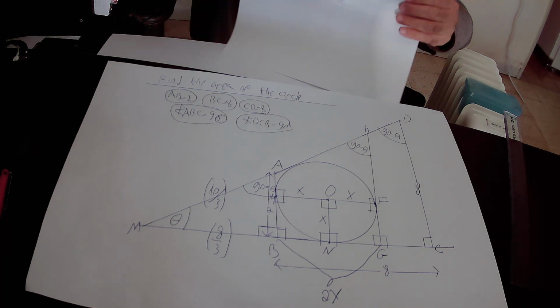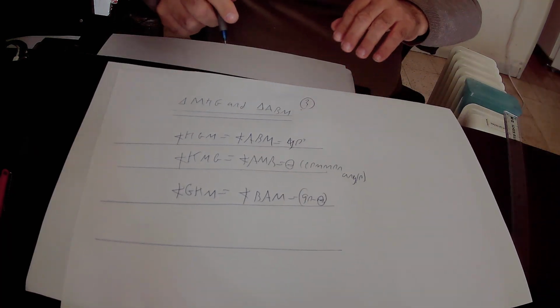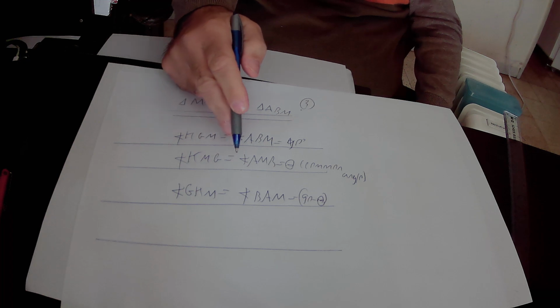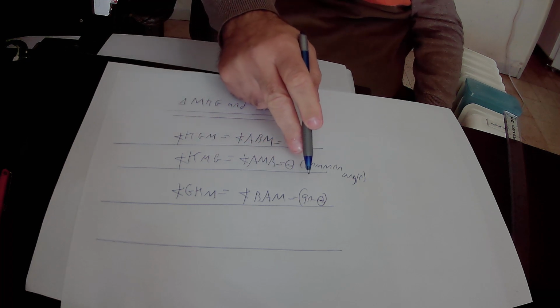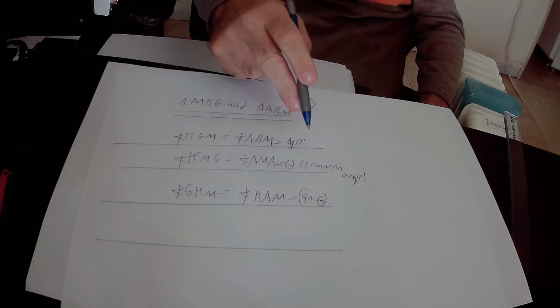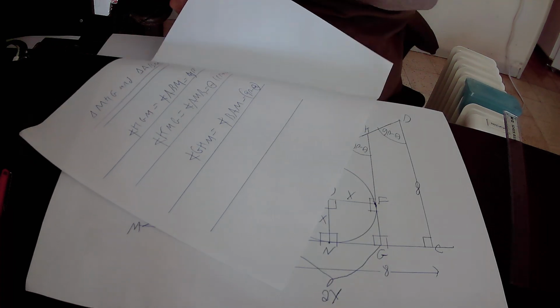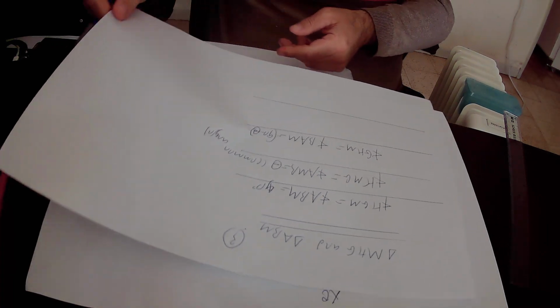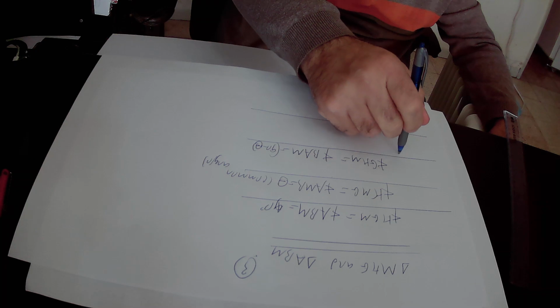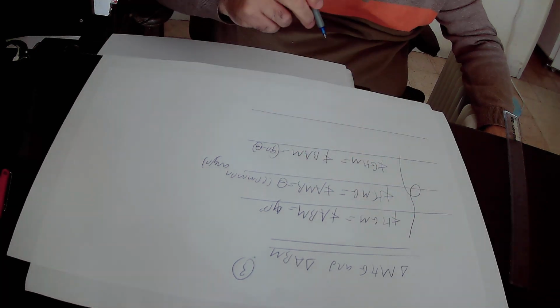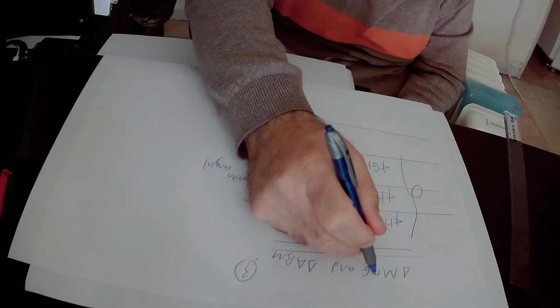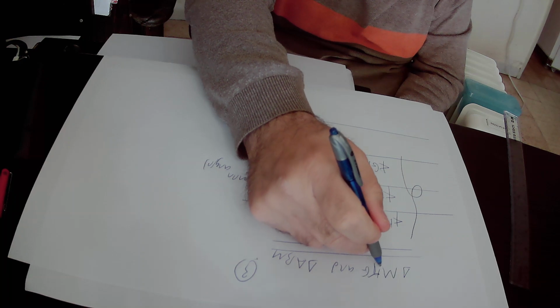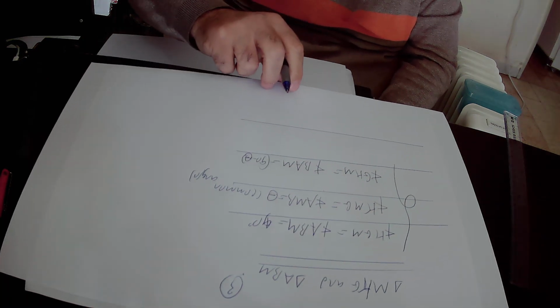Angle GKM in the big triangle equals angle BAM in the small triangle. So we actually proved that all the three angles in the big triangle MKG are correspondingly equal to all the three angles in the small triangle ABM.